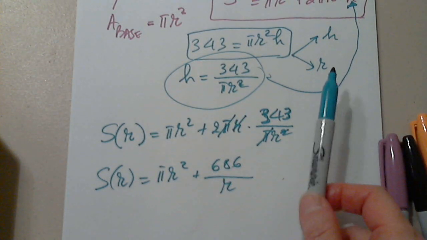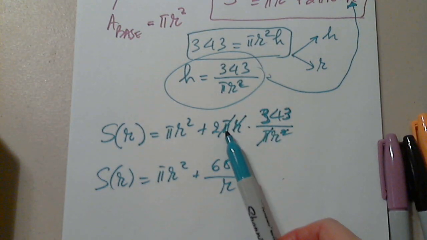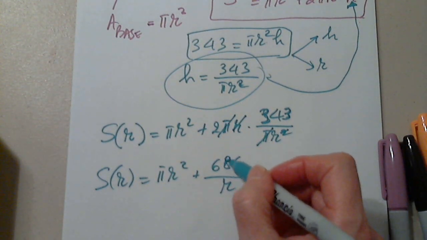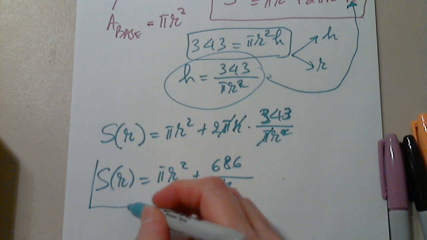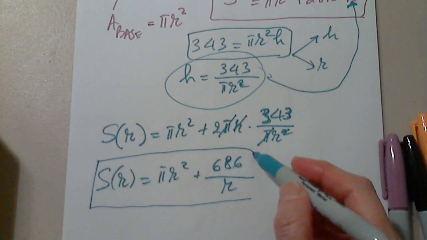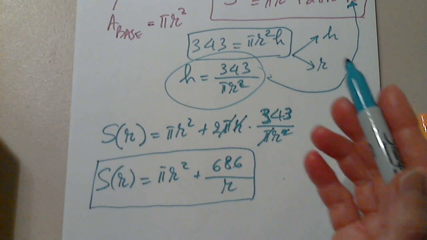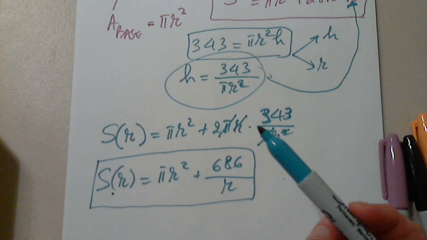So we had 2 pi r, and we replaced h by 343 over pi r squared. The pi's go away, one of the r's goes away. I have to multiply 2 by 343 and divide by r. This is the function that they're asking us to find the minimum for. So we needed some steps to get to it. It was not given to us.